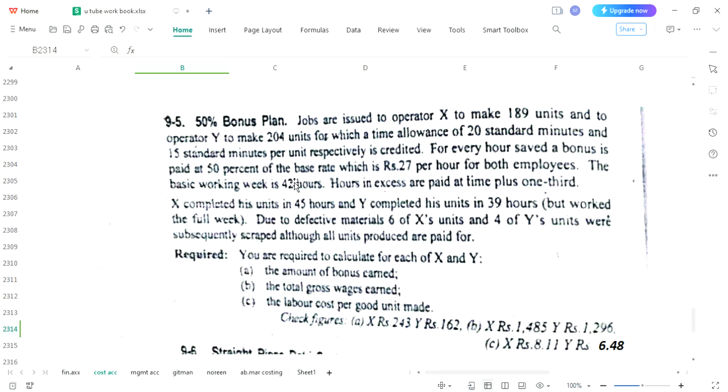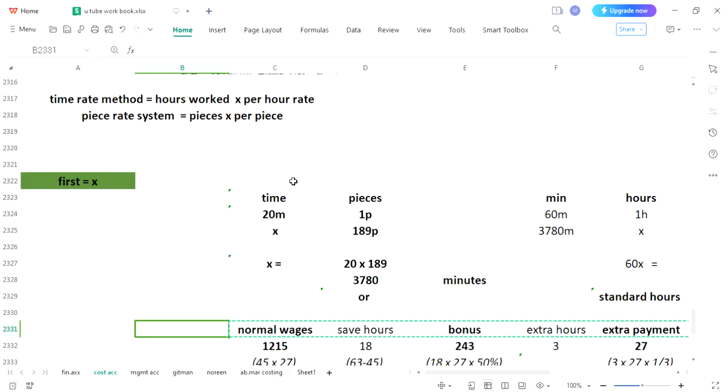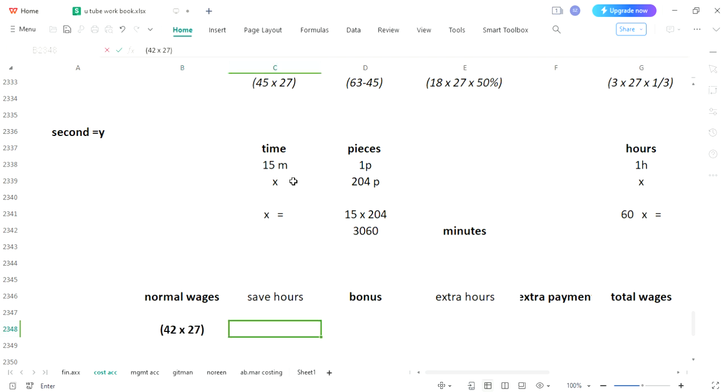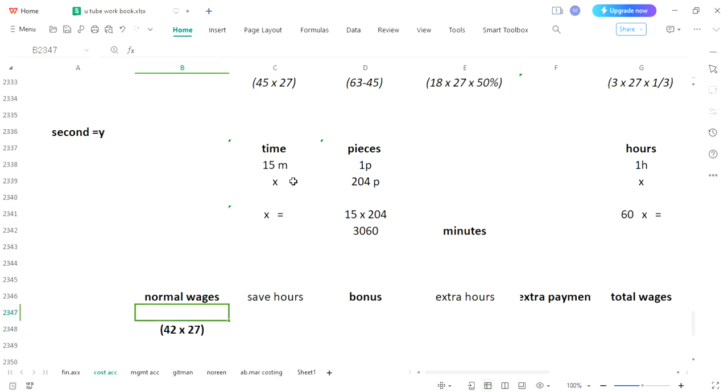He had worked for 42 hours, and the per hour rate 27 is the same for both. We can calculate it: 42 multiplied by 27. Normal wages have been calculated.